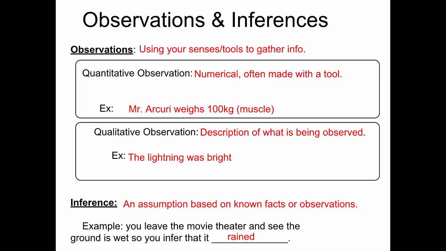Half of his head has hair. Well, what is that though? When I say 63%, Emily, what type of observation? Quantitative or qualitative? Quantitative, correct.